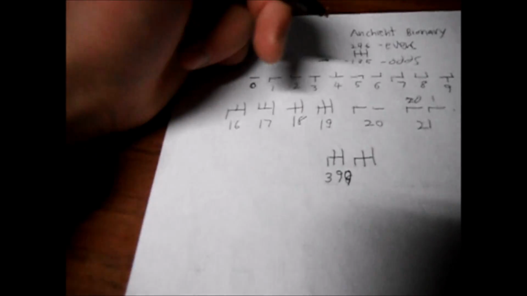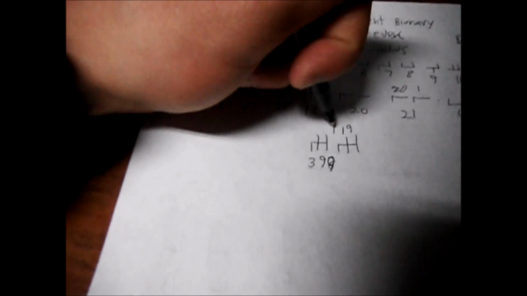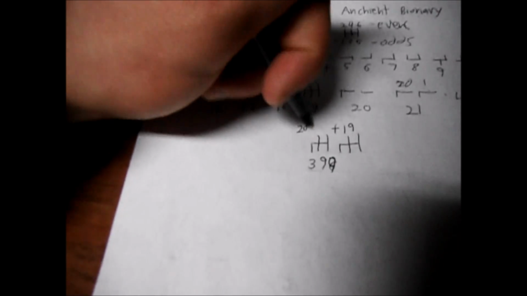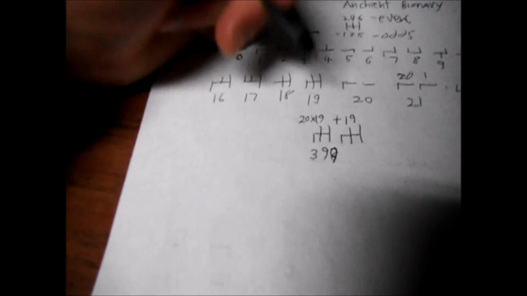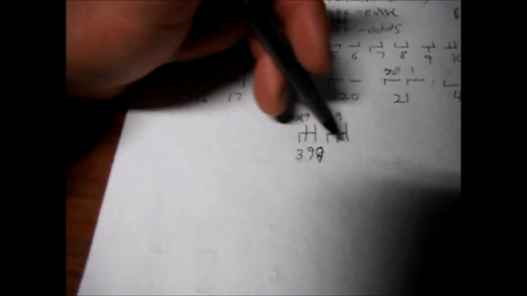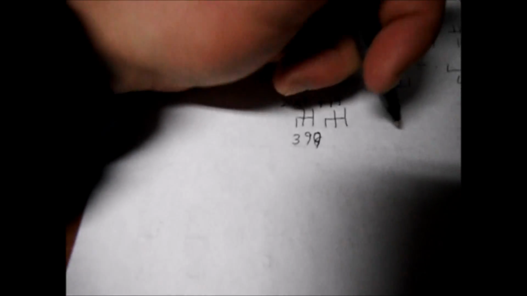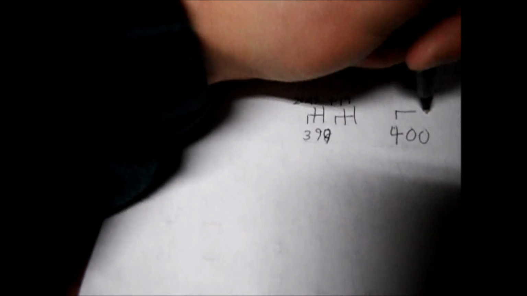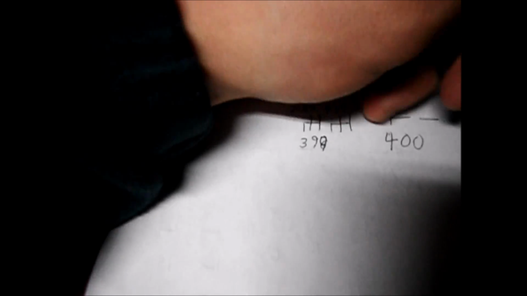Basically this is 19 sets of ones, and then this is 20 times 19, and that equals 399. And so the next placeholder would be 400, and 400 now looks like that, and then 401.